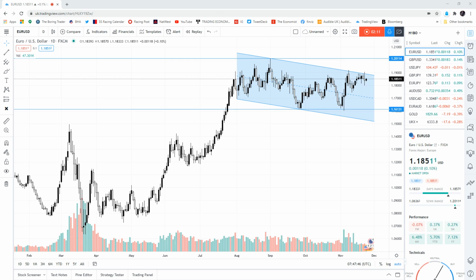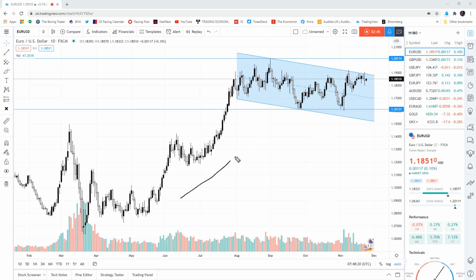Anyway, onto the euro dollar. As you can see, we are in a shallow descending trend channel, if you want to call it that. There's pretty much a sideways range from 1.16.10 to 1.20, but it's a 400 pip range, so there's plenty of opportunity if you're trading the hour one charts.